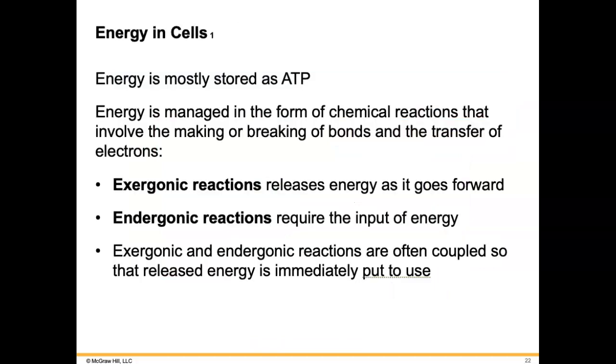All right, so most energy we know is stored as ATP. Energy is managed in the form of chemical reactions that involve the making or breaking of bonds, and the transfer of electrons in the process. An exergonic reaction releases energy as the reaction goes forward.